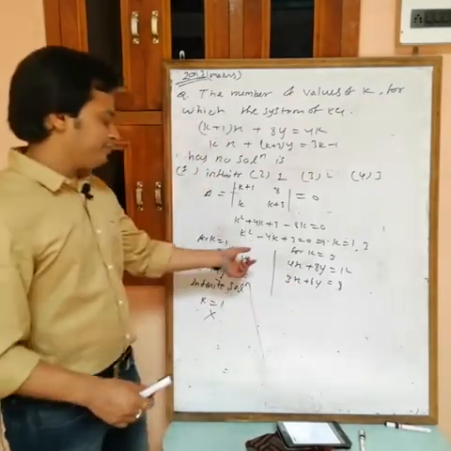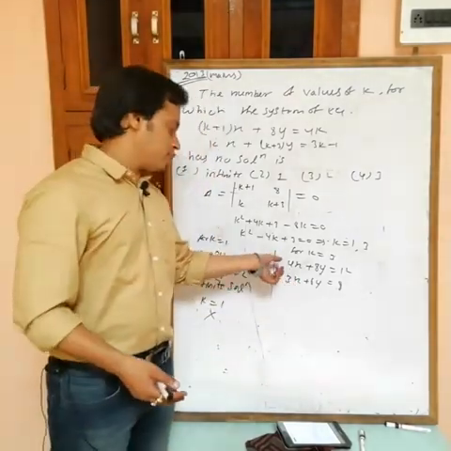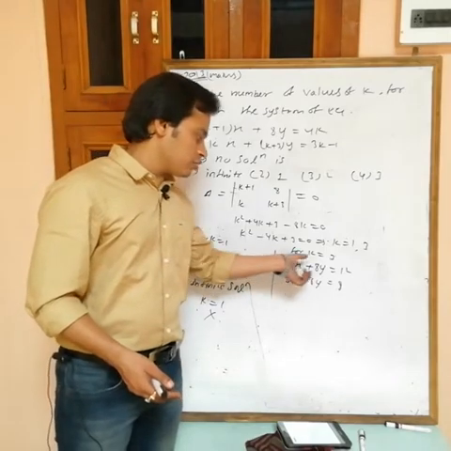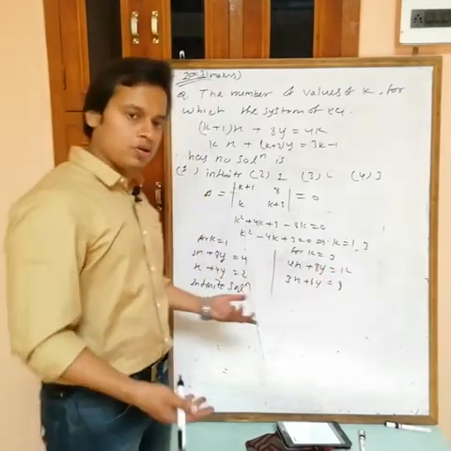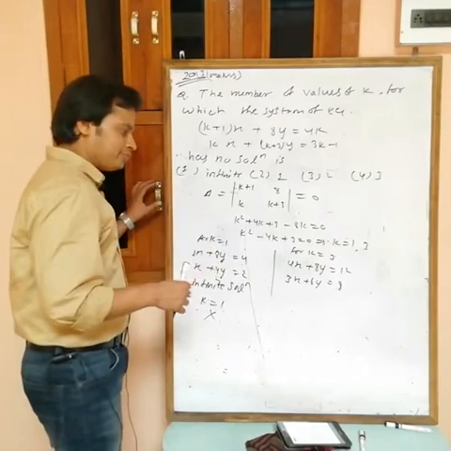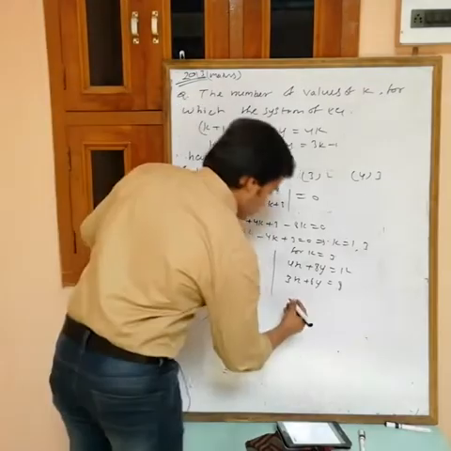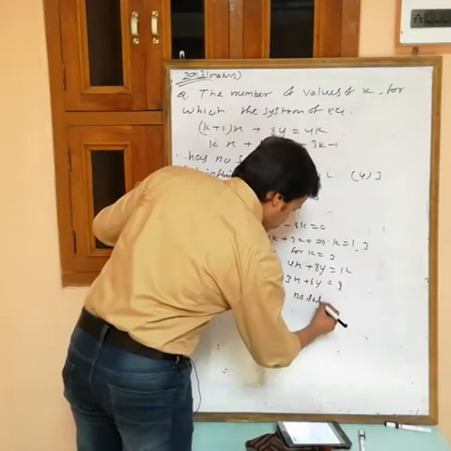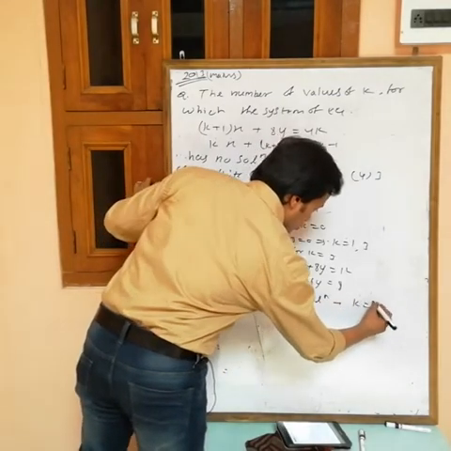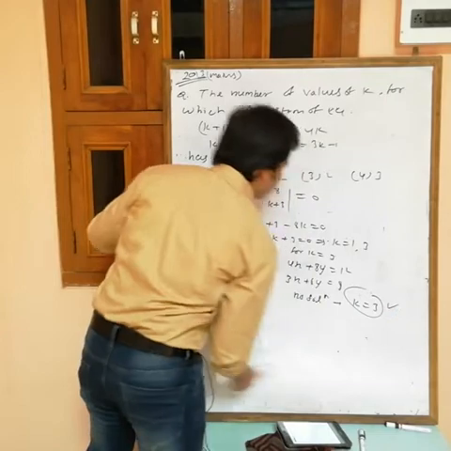Now see, there is no solution, this ratio equals this one but not equal to this ratio. So no problem, simple, no solution. So k equals to 3 is the answer.